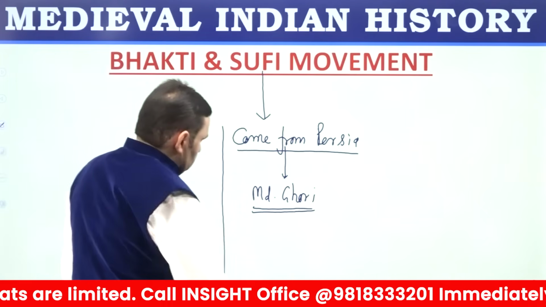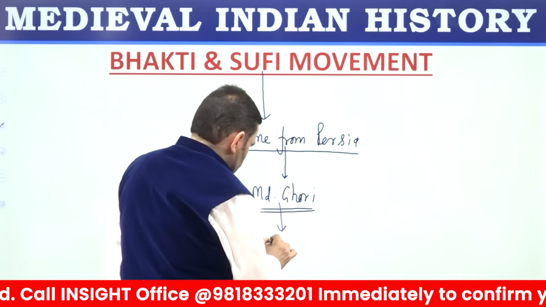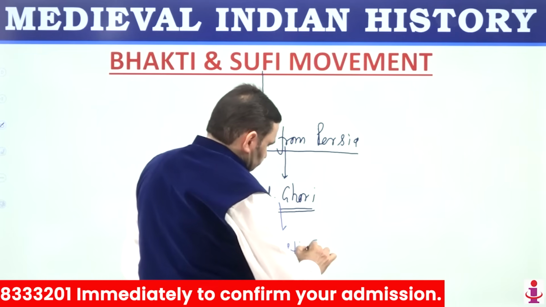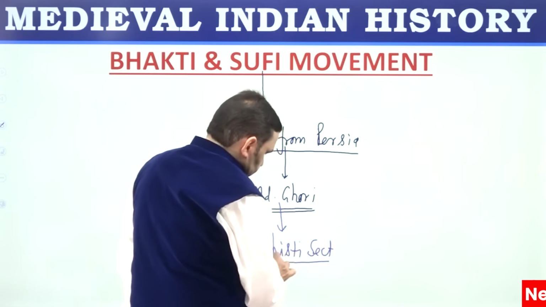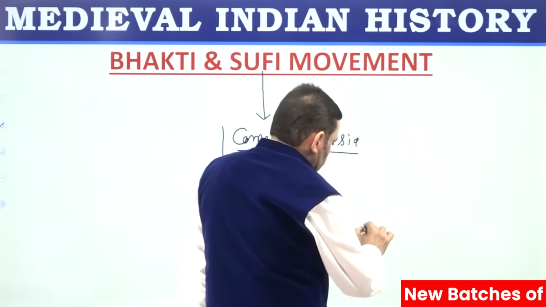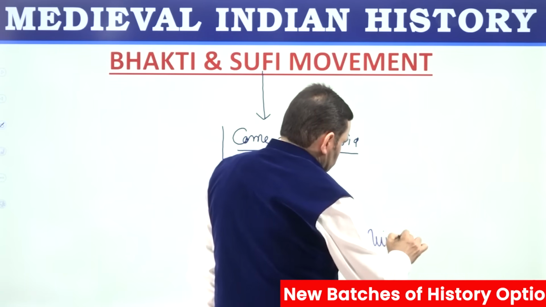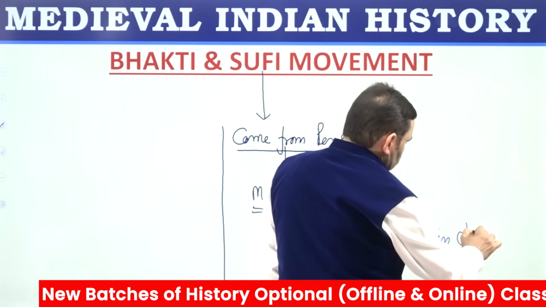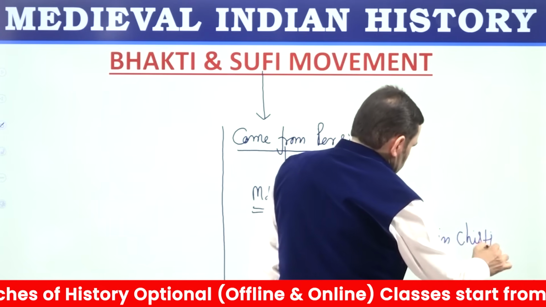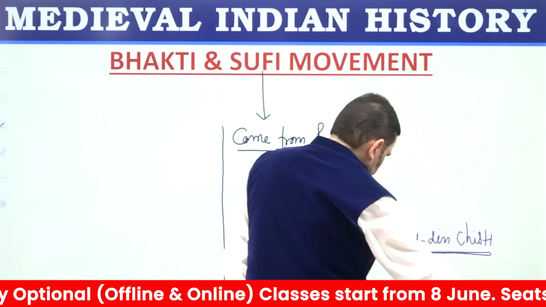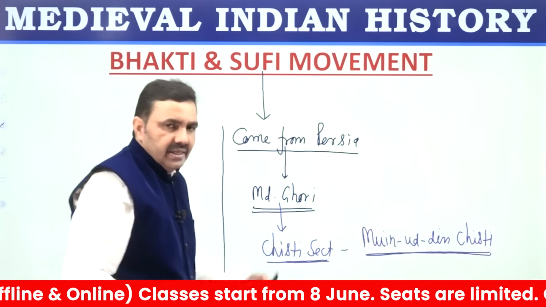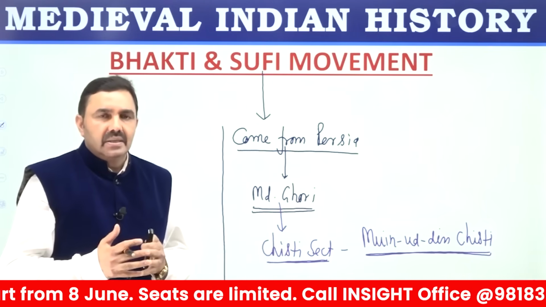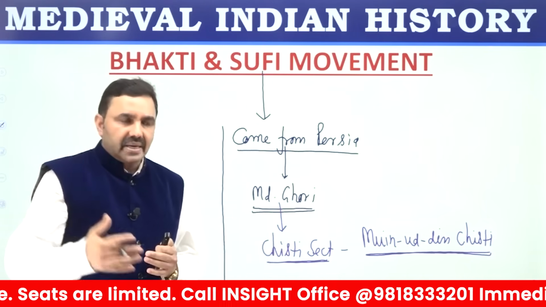The first was the founder of the Chishti sect, Muinuddin, M-U-I-N, Muinuddin Chishti. He was the first among the Sufi saints to come to India. Ajmer Dargah is famous as Muinuddin Chishti's resting place. Muinuddin Chishti was buried there.